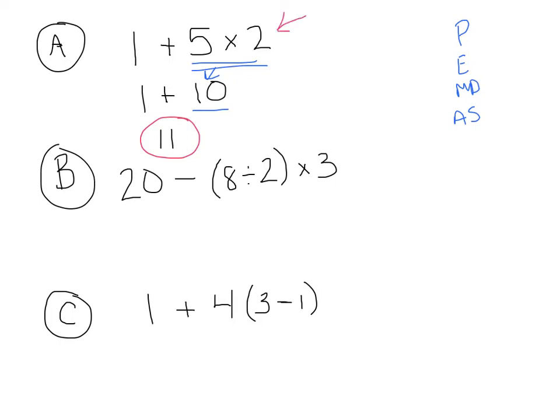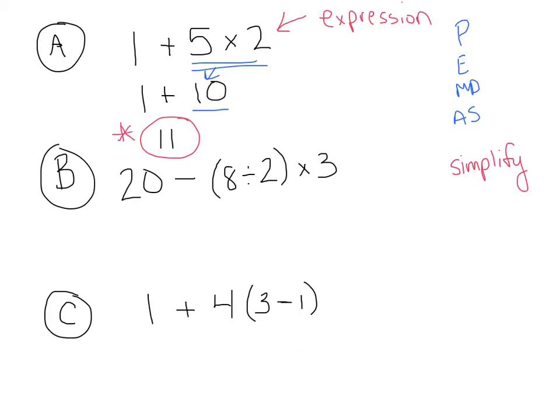By the way, this is what's called an expression. An expression is basically a problem where there is no equal sign written. That would be an equation. But since there is nothing that it's equal to, it's called an expression. Most times the directions will be to simplify the expression, which basically means work out, get the answer, which in this case is 11.